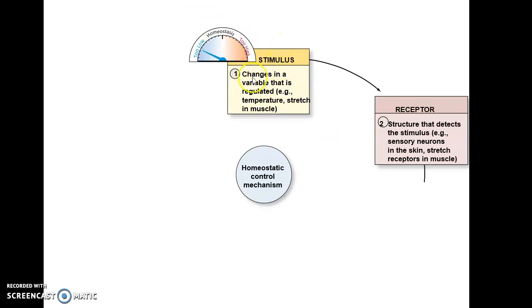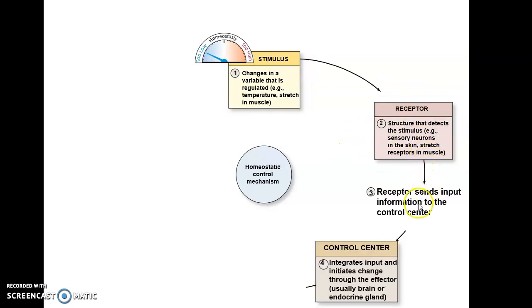So again, the stimulus. Stimulus observes some sort of condition and changes in that condition. So it could be temperature, could be stretch in a muscle, could be chemical composition in the blood. That is the stimulus detected by a receptor. The receptor can detect that stimulus, and then that information gets sent by the receptors to the control center.